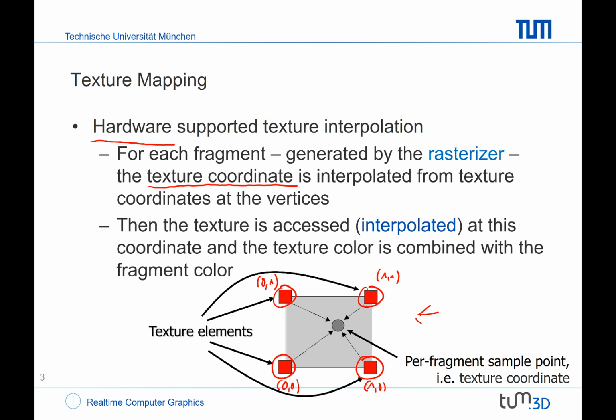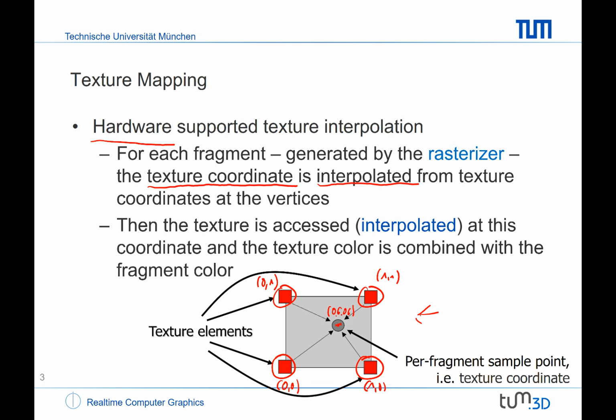But now it is clear that if the rasterizer interpolates texture coordinates that are specified at the vertices, the rasterizer may generate a texture coordinate for a fragment which is, for instance, 0.6, 0.6, indicated by that circle here. And then the question is, of course, which texture value should be assigned to that texture coordinate.